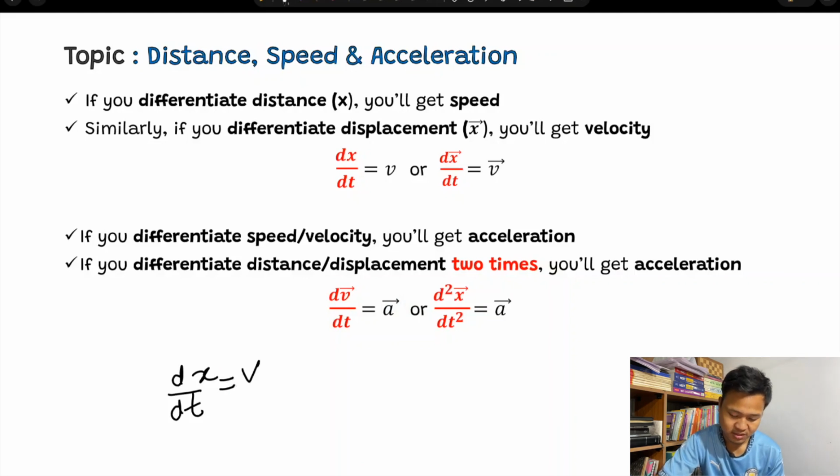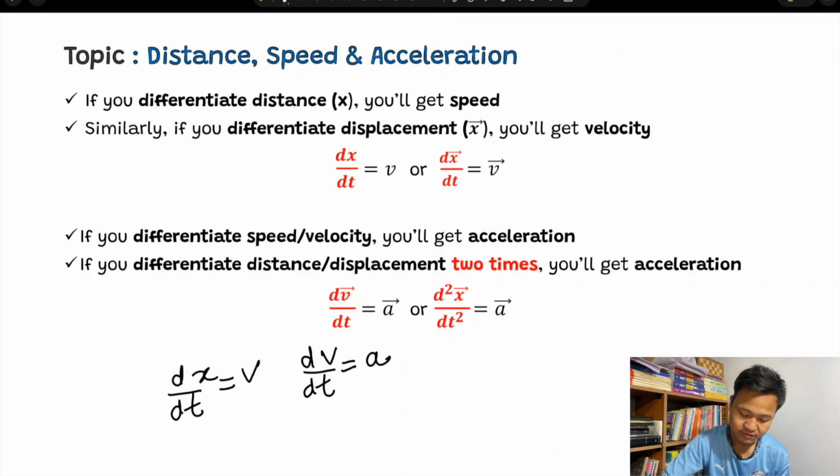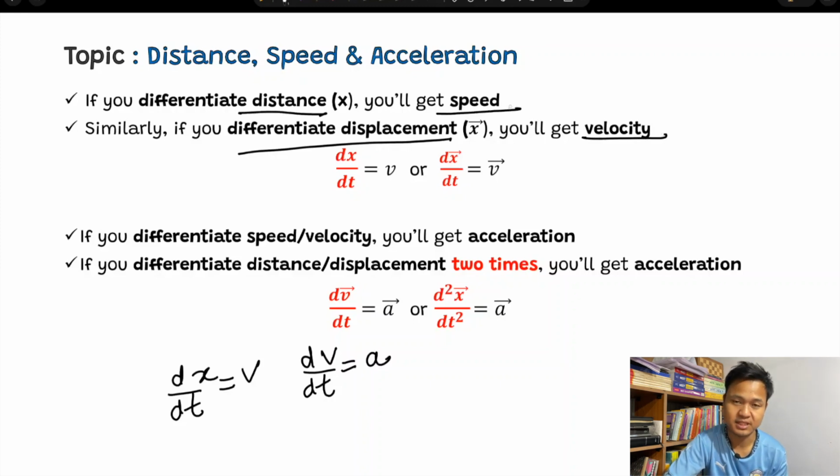This velocity, if I differentiate again with respect to time, I will get acceleration. So if you differentiate displacement or distance once, you'll get speed or velocity, and if you differentiate the speed or velocity, you'll get acceleration.